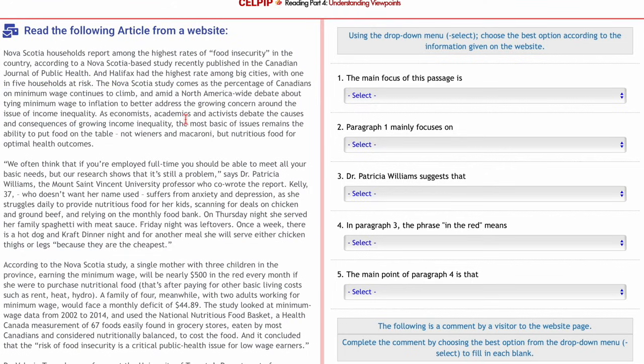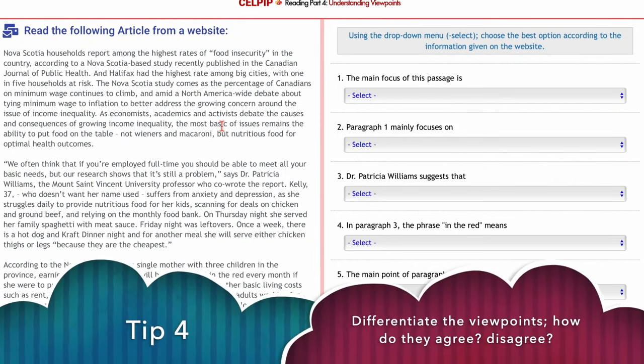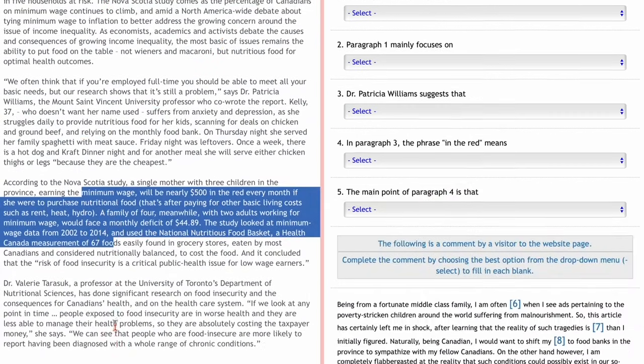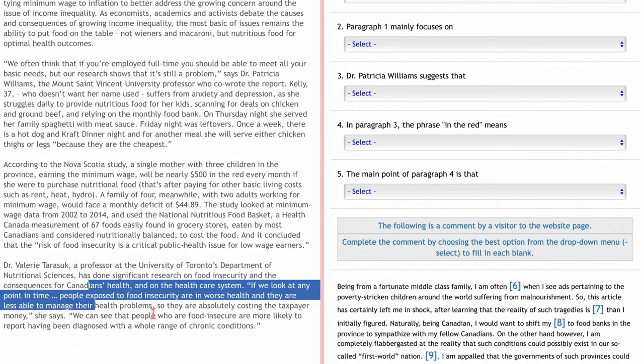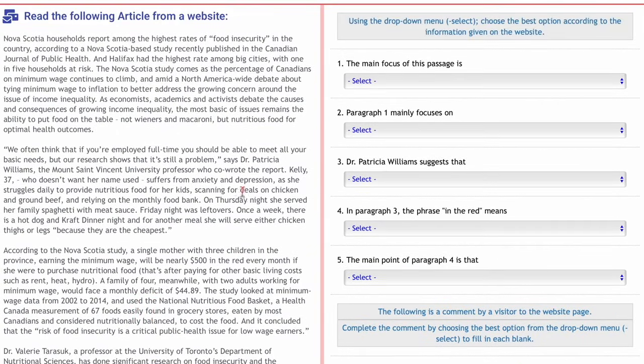And then the other idea that I want to give you is that we need to understand clearly viewpoints. All right, viewpoints. Here we have different viewpoints, all right? And we need to make sure that we understand how they are different, how they are the same, because the questions, sometimes they ask questions exactly about agree, disagree, how are the viewpoints the same? Sometimes not.